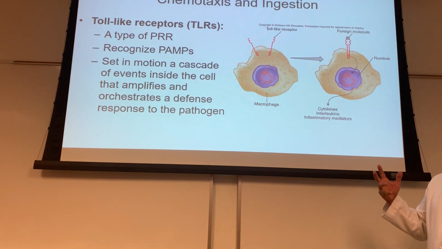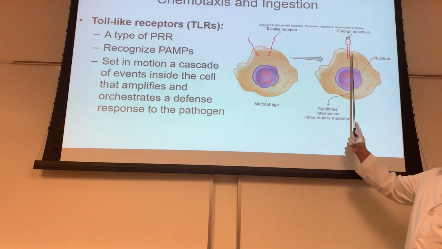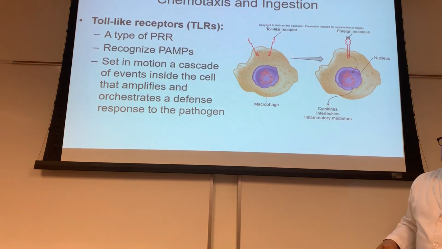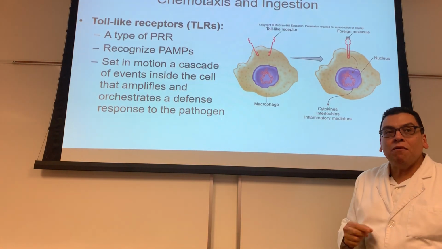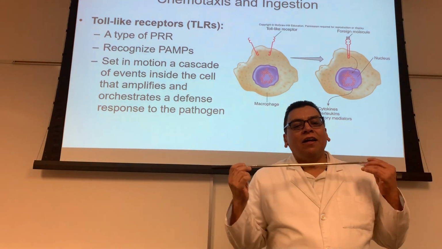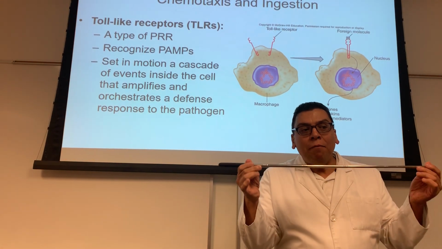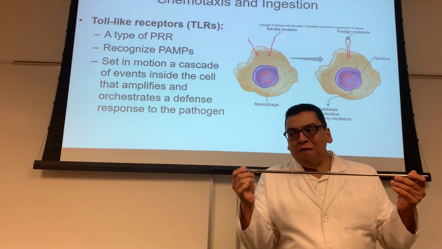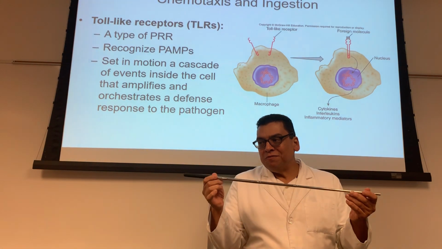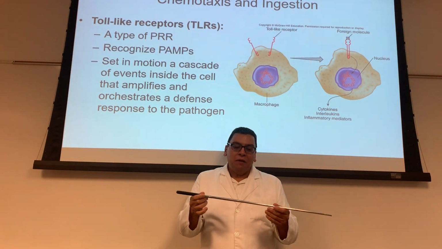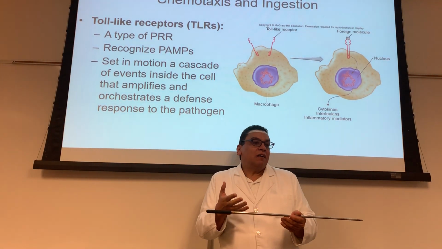Once it grabs onto a piece of that PAMP, the structure of the PRR changes, and now it looks like this. That's why, remember I told you the full outer membrane of gram-negative bacteria does not hurt you, because it's too big.